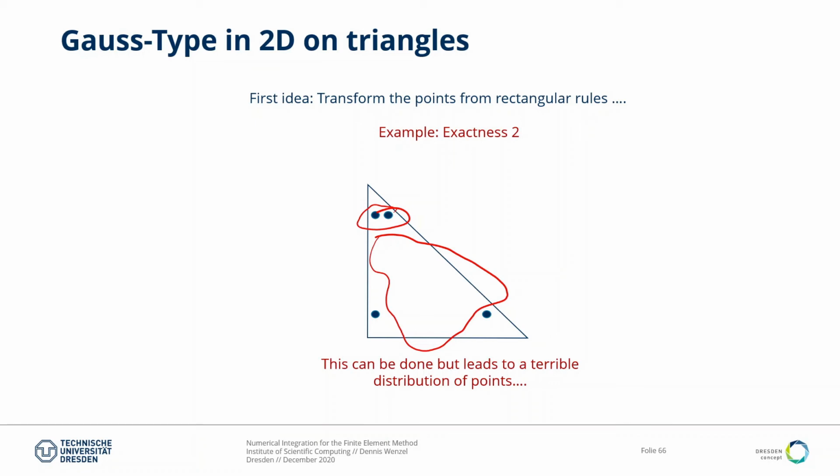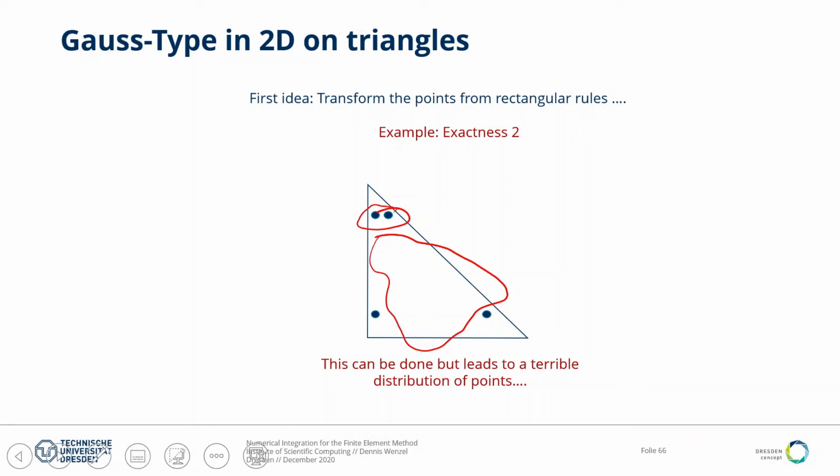So all that information that happens here is just not taken care of. So bottom line of this, you cannot just transform those standard Gaussian points onto triangles because otherwise you end up with a very unoptimal approach. So you would have to take way too many function values to get a very low exactness.